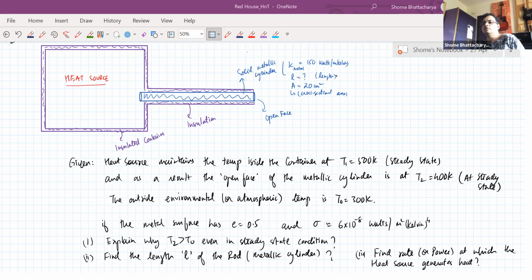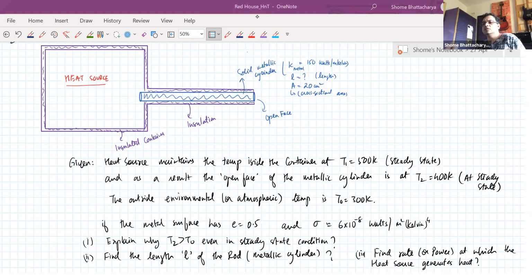What type of heat transfer phenomena are happening? What about the two ends of the rod or the metallic cylinder? They are at different temperatures now. So can anybody tell me the heat phenomena?